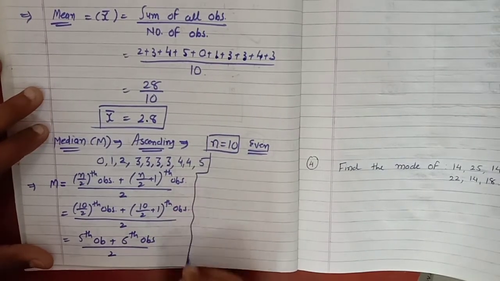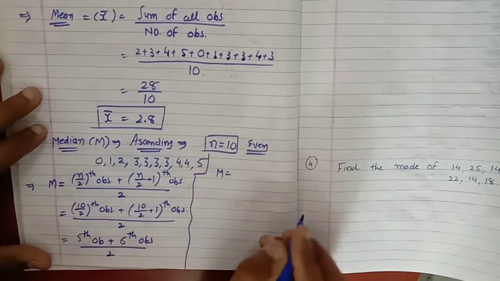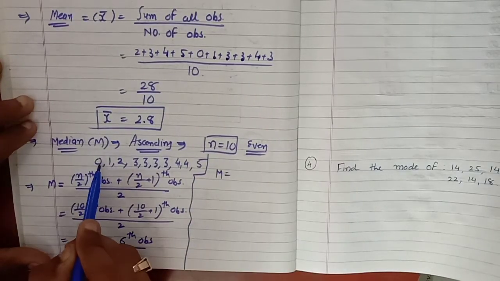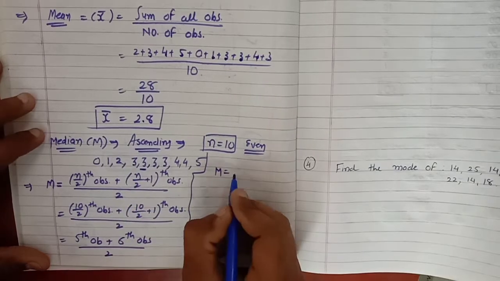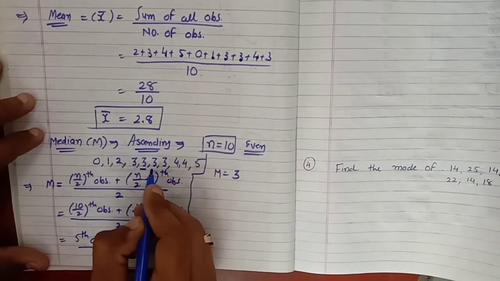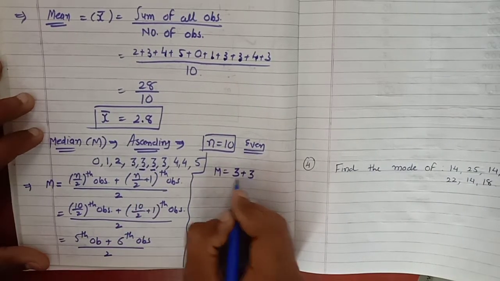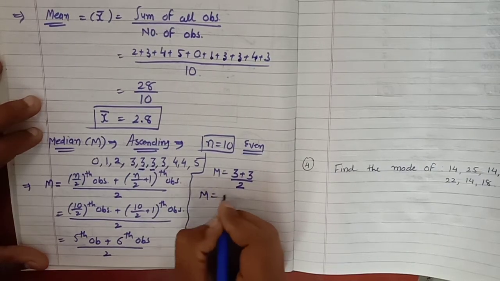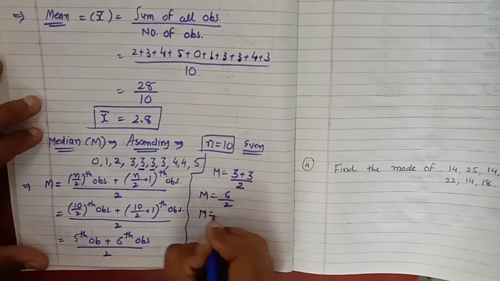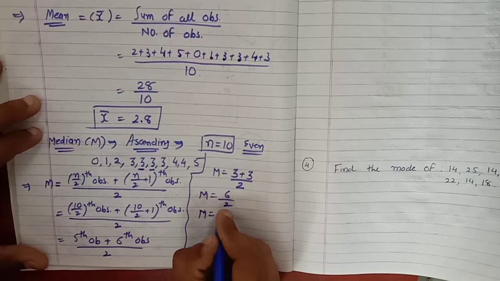You get the median here. M is equal to the 5th observation: 1, 2, 3, 4 and 5th, third. 6th observation, again third. 3 plus 3 divided by 2. It means 6 divided by 2. You get the median: 6 divided by 2, 3.